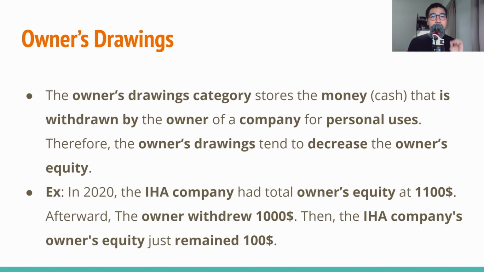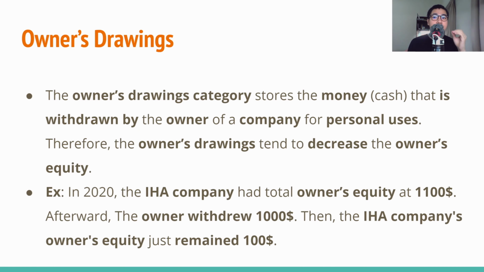Secondly, the owner's drawings. As I mentioned in the previous slide, the owner's capital category is used for recording the owner's investment, right? So be realistic: when you invest your money into a company, you will consider withdrawing that investment sooner or later in the future, which totally depends on the company's financials, operation, and health, right?